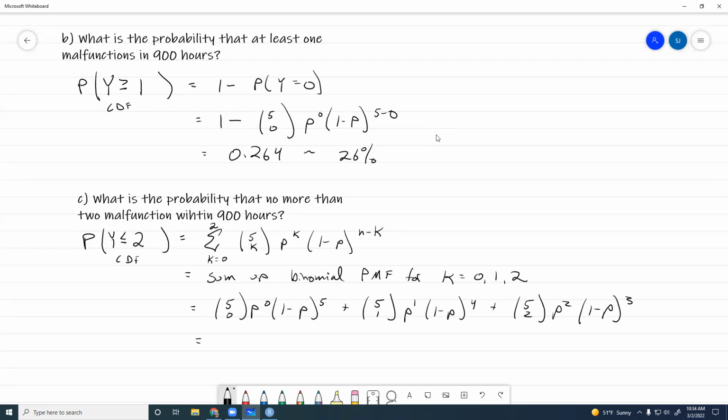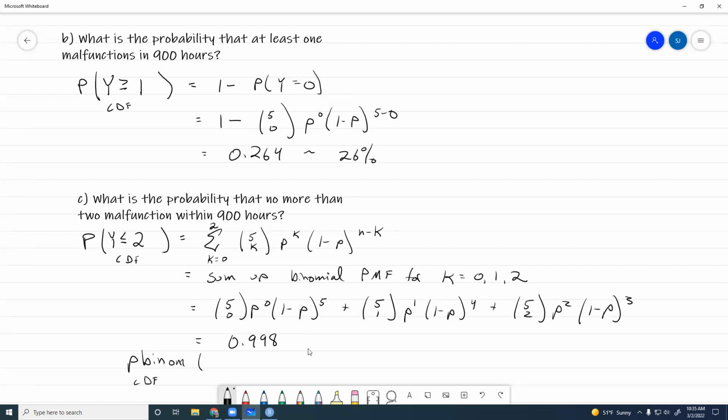And then if we plug all that in, we get 0.998. So a very high probability that no more than 2 will malfunction. We can use our pbinom here. This is the CDF function, and it'll do that summation for you.